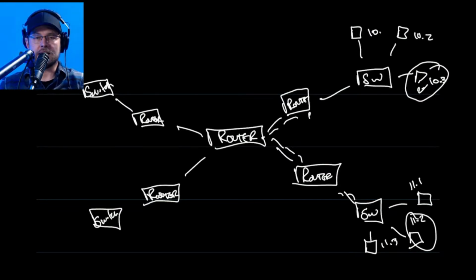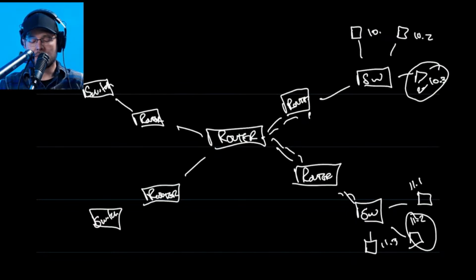So it would get to 11.2 through a routing topography, not directly over the actual switch with all of the devices plugged in like I showed in the previous example.